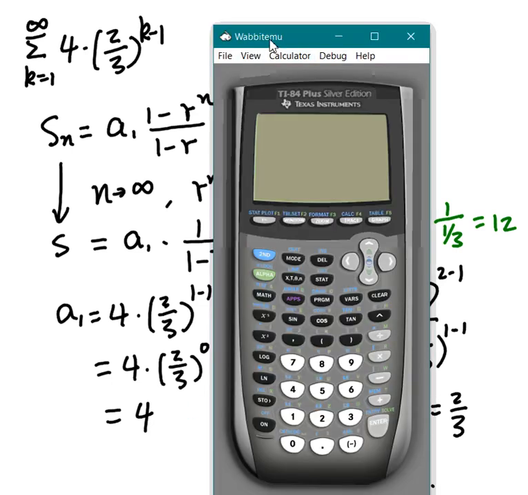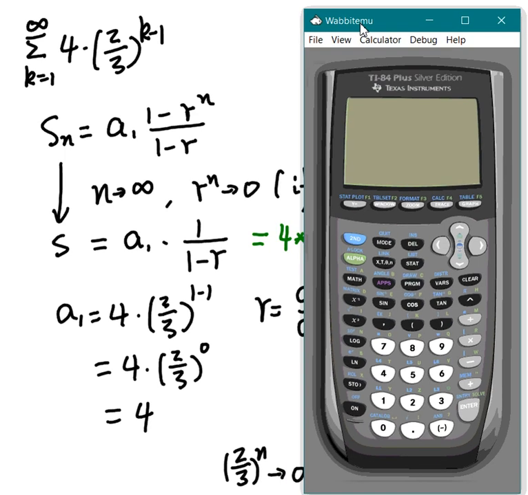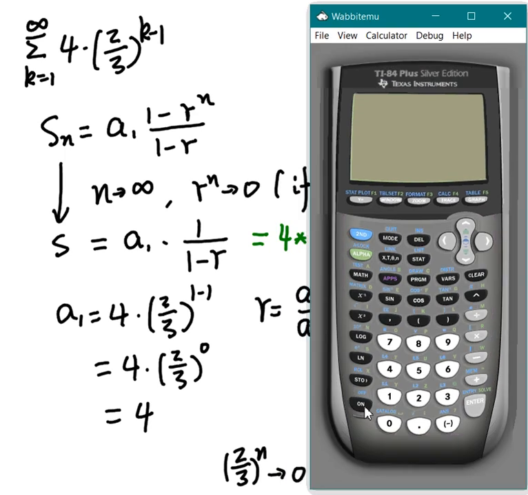Again, you may try it. For example, let's turn on the calculator. You have 2/3 here, you may calculate the fifth power. That's very small, 0.13 something.